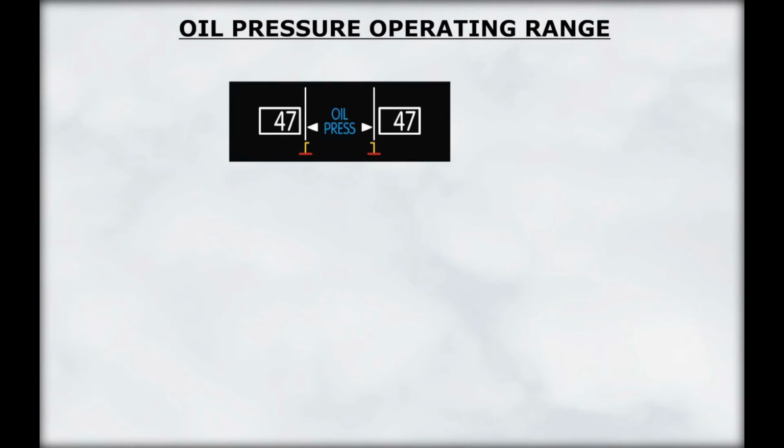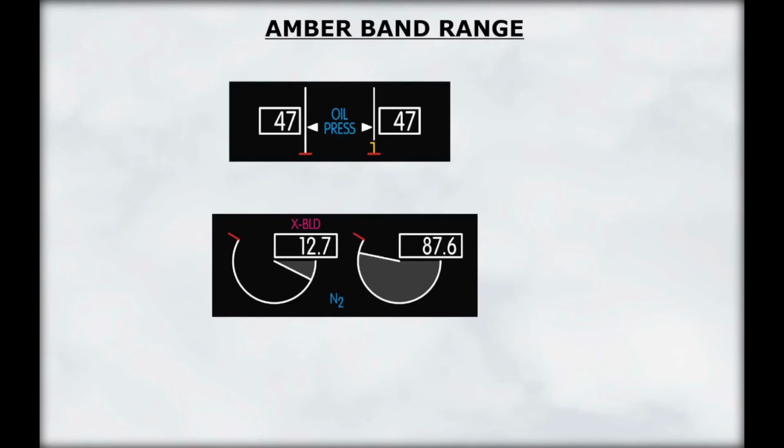The normal operating range of the oil pressure is indicated in white. An amber low pressure band indicates the oil pressure low range. The operating limit is indicated by the red line. The range of the amber band varies with N2 RPM when N2 is above 65%.